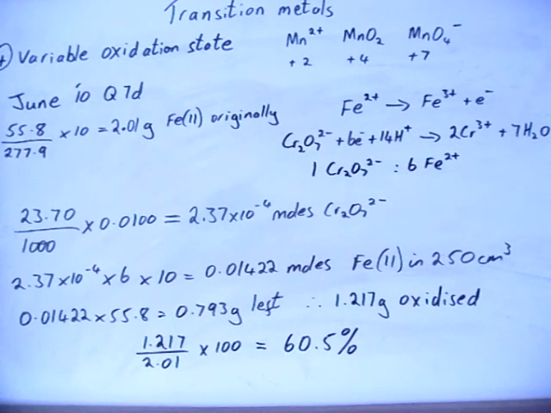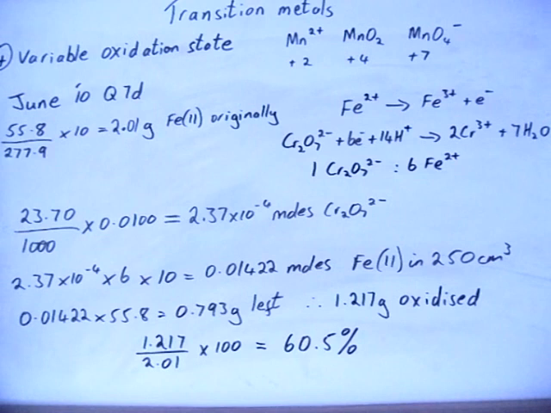So the first thing I did originally was I checked to see how much iron 2 was present in the initial sample. So the way I've done this is I know the total Mr, it tells me the Mr is 277.9. Now I know iron's 55.8, hopefully I just use my memory for that rather than getting the periodic table out.